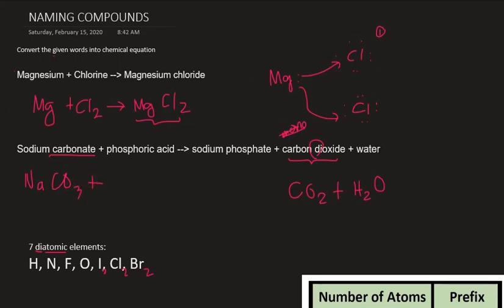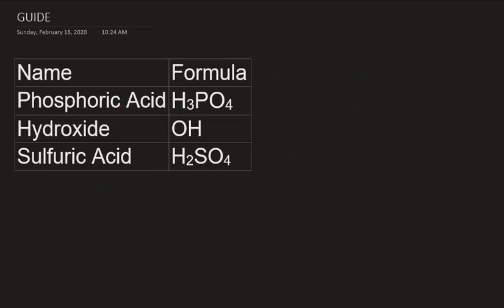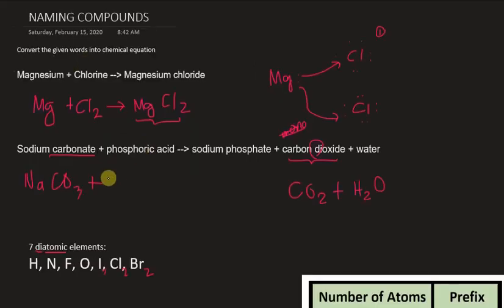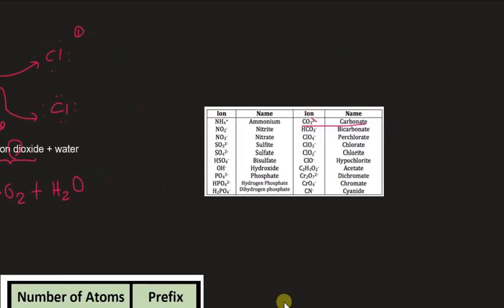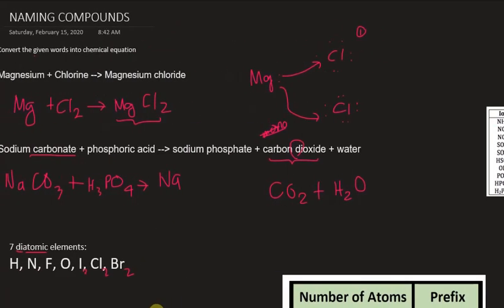For this acid name, we can look at this guide. It will be given on the exam. So phosphoric acid, the formula is H3PO4, and so you write H3PO4. It will produce sodium phosphate. For sodium, you have Na. Then for phosphate, you again need to look at the table of polyatomic ions.